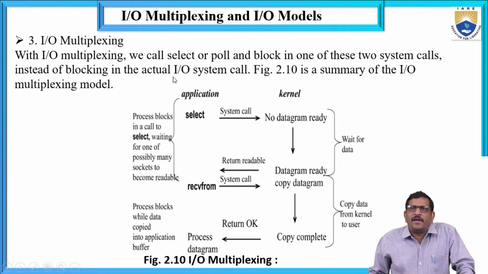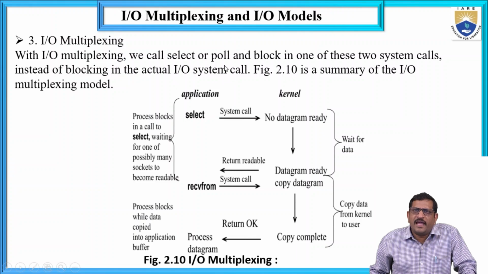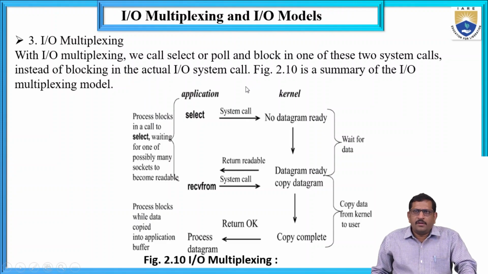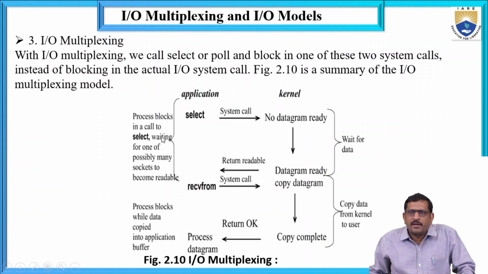With IO multiplexing, we call select or poll and block in one of these two system calls, instead of blocking in the actual input output system call. In this figure, we see the application calling the select system call, waiting until a datagram is available.